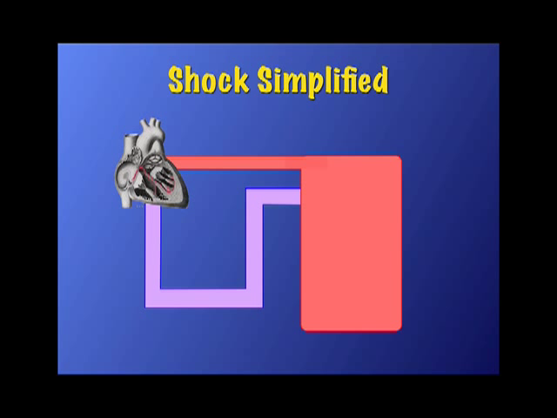When there's a problem with any of the components of this system, the body reacts. For example, the body will try to increase heart rate to increase the amount of blood that's pumped. It will increase contractility of the heart muscle to increase the output from the heart as well. It will also, if necessary, shrink the container, make it smaller to enclose a lesser blood volume or to raise the blood pressure in an effort to increase the return of blood to the heart in order to maintain the constant movement of the fluid.